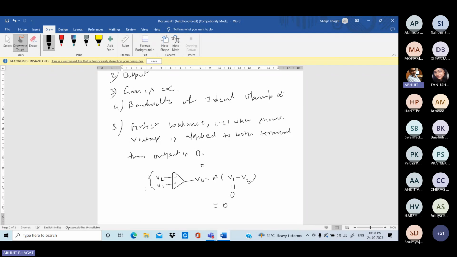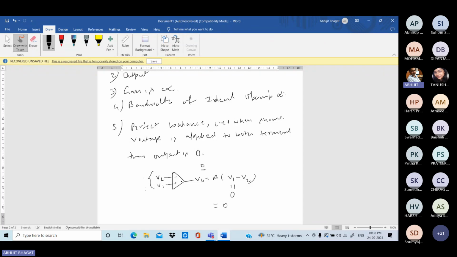This is the ideal case, and here the op-amp is perfectly balanced. That means the weightage of the minus terminal and the weightage of the plus terminal are equal, and across the output you are getting 0. This is the meaning.